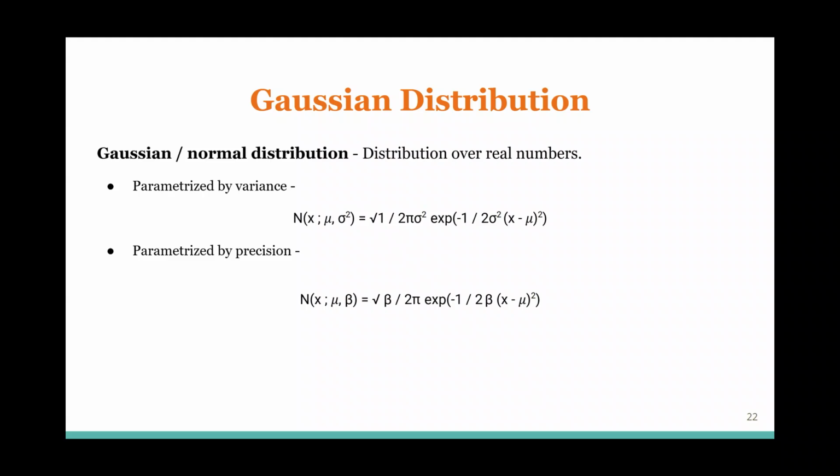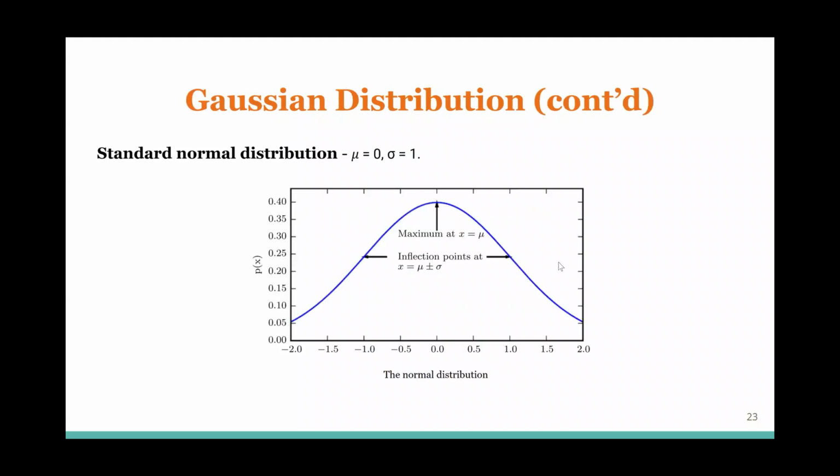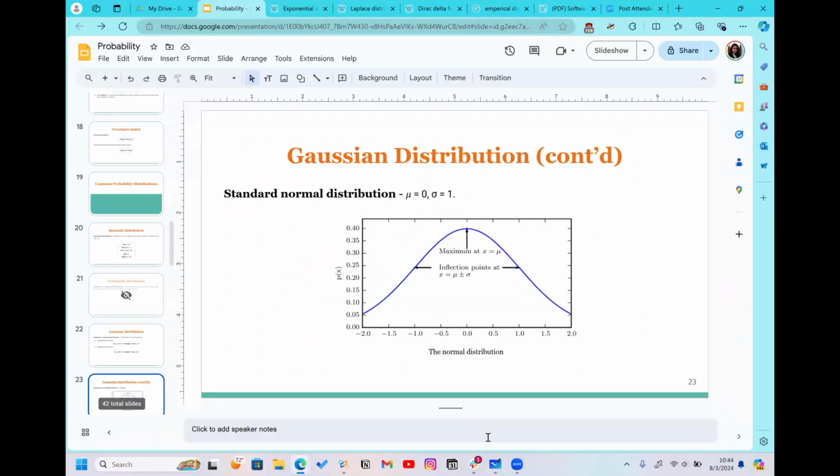And even in machine learning, many variables follow normal distribution. And then, like we already saw the graph of the distribution. So we have the maximum at x equals mu, and then we have these inflection points at mu plus or minus sigma.